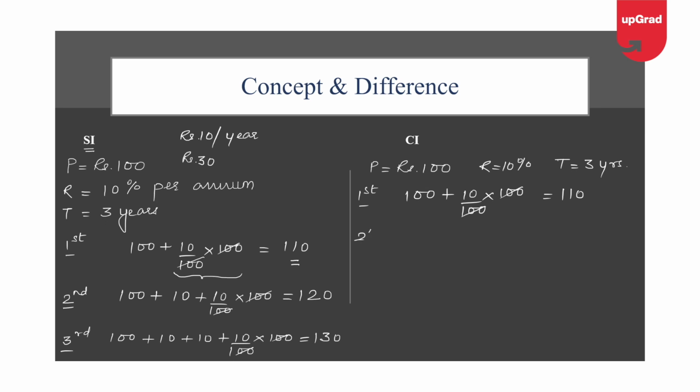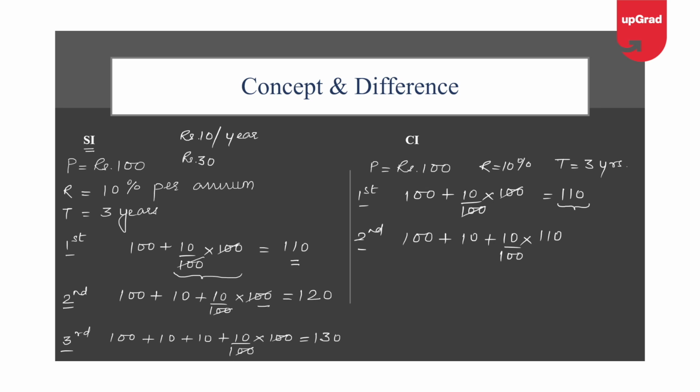Let's see what happens in the second year. 100 rupees that I borrowed, 10 rupees from the first year, and 10%, 10 by 100 on. Now this is the discriminating factor, 10% of the previous year's amount, which is 110.